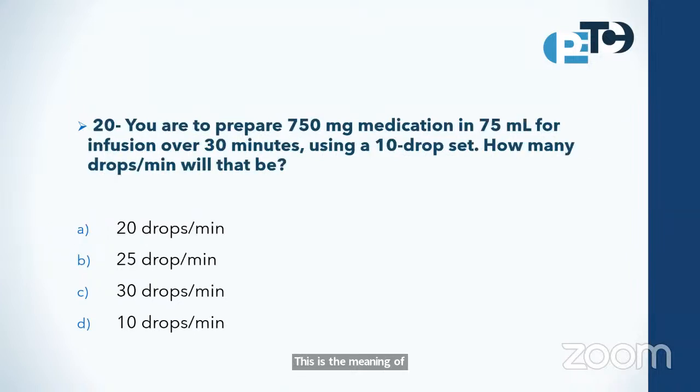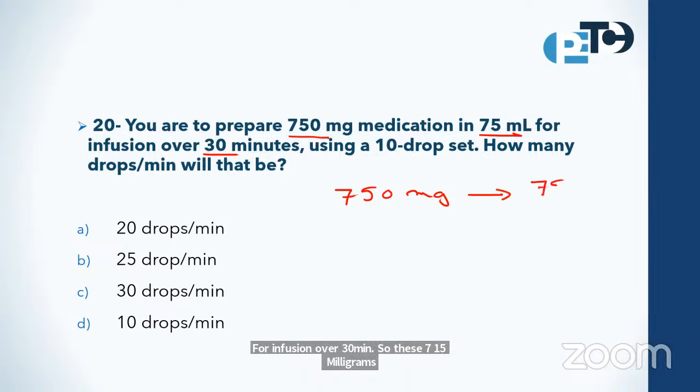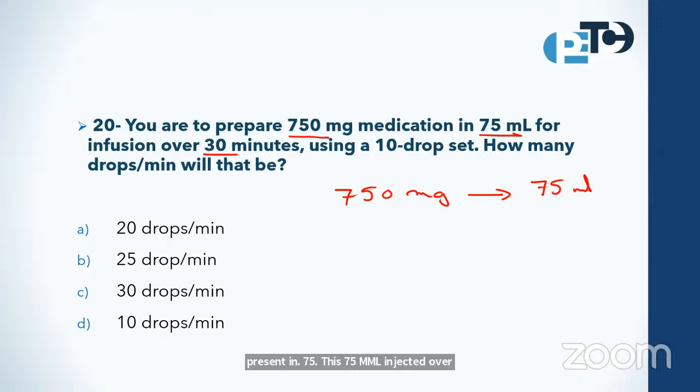The last question today is a calculation question. You are to prepare 750 milligrams of medication in 75 milliliters for infusion over 30 minutes. So this 750 milligrams is present in 75 ml, injected over 30 minutes.